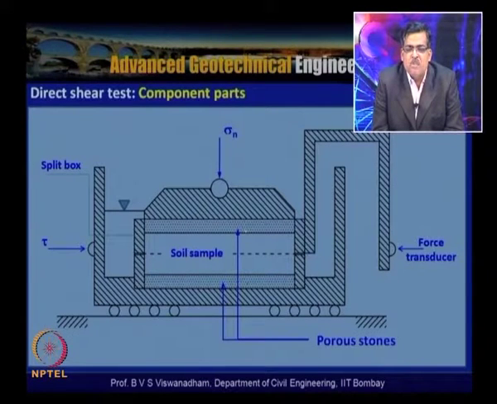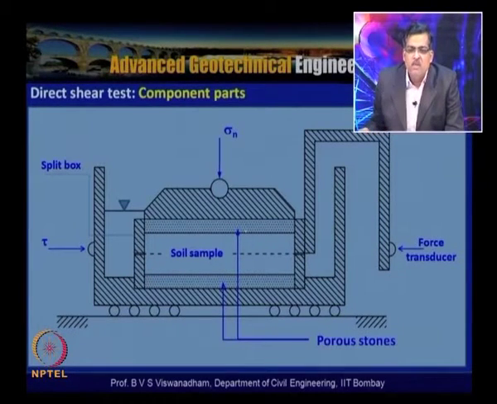Then the shear force is applied as shown here, and the resistance offered by the interacting soil or soil surface is measured. With that you will be able to get the shear stress versus shear displacement.